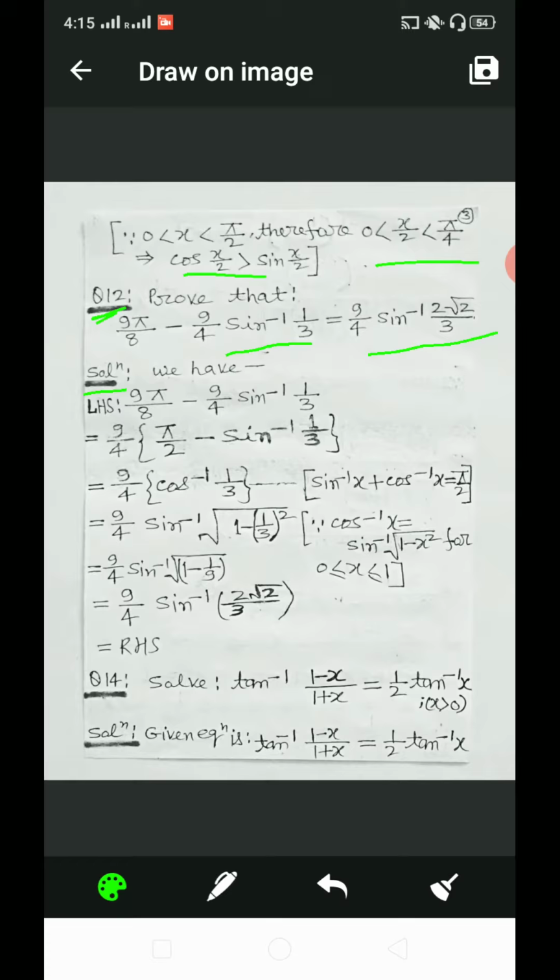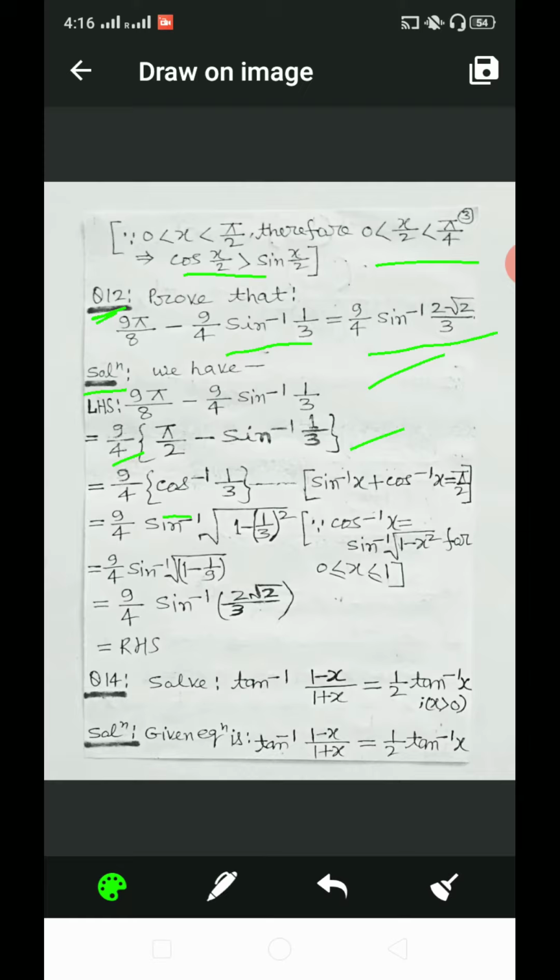start with LHS: 9 pi by 8 minus 9 by 4 sin inverse 1 by 3. Here we take 9 by 4 as common, we get 9 by 4 into pi by 2 minus sin inverse 1 by 3, and this is equal to 9 by 4 cos inverse 1 by 3.